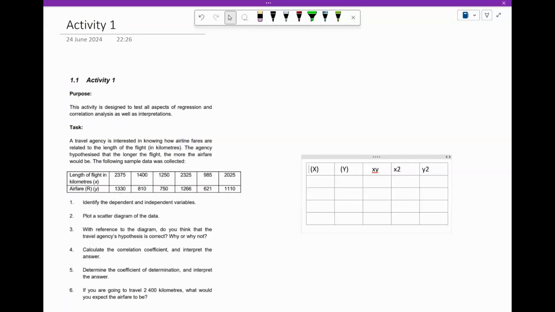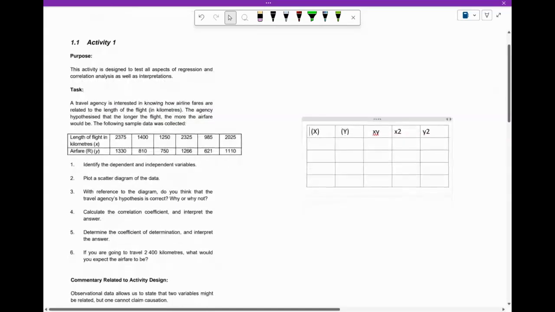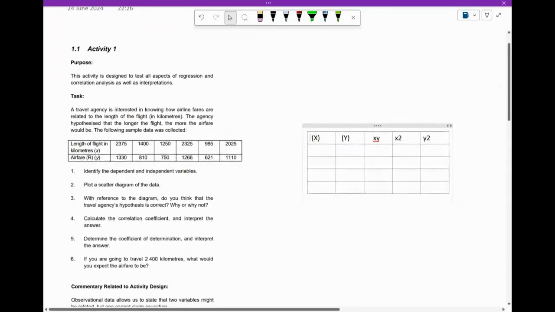So let's see what's going on here with Activity 1. So in Activity 1, they say the purpose of this activity is designed to test all aspects of regression and correlation analysis, as well as interpretations. All right. Task.